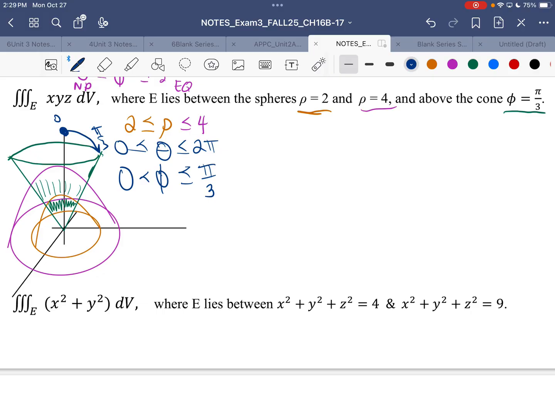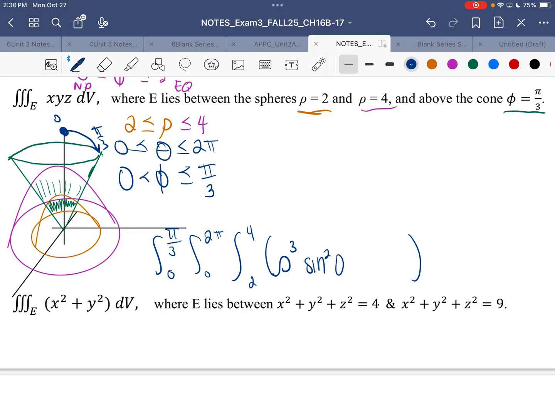Okay, plugging in. We got x, y, z, dV. So all of them are going to be multiplied by rho.